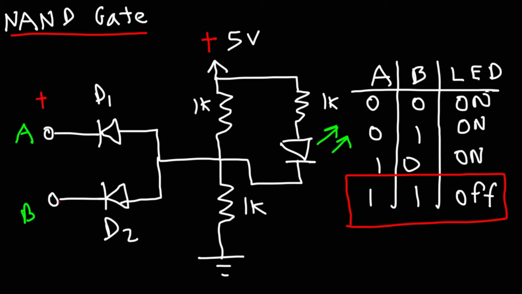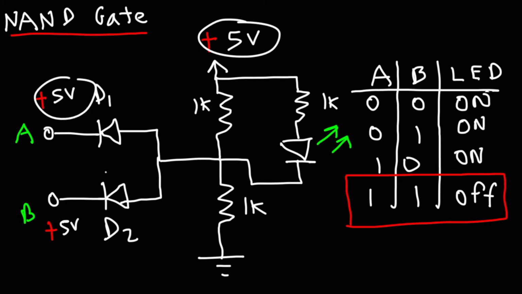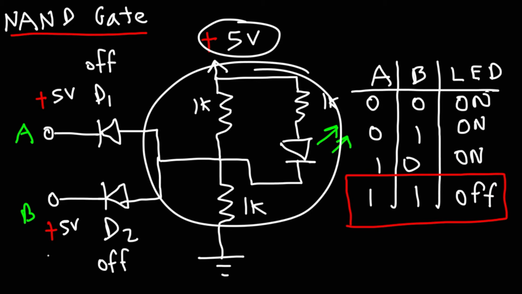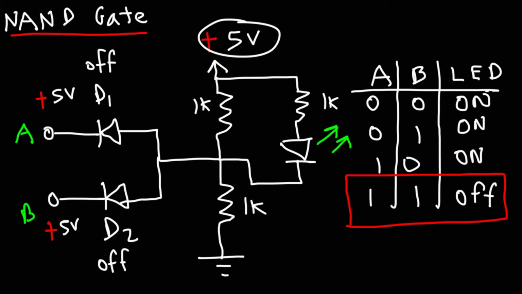So both A and B have to be activated. They need to be at a voltage of 5 volts. Because these are the same, no current will flow through D1 or D2. So both D1 and D2 are off. So only this portion of the circuit is active. Now here's the question for you. Let's call these R1, R2, and R3.